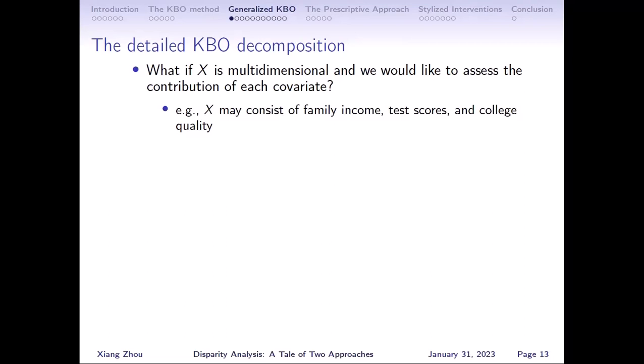Okay, so now we are done with the canonical KBO decomposition. You might ask, what if the covariates are multidimensional, right? So far we consider only family income. But in a lot of cases, the covariates are multidimensional, and we would like to assess the contribution of each covariate, right? In our example, the covariates could include not just family income, but also test scores, college quality, and other pre-college characteristics.